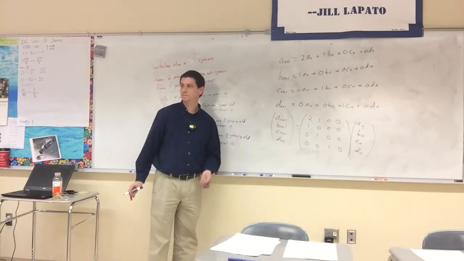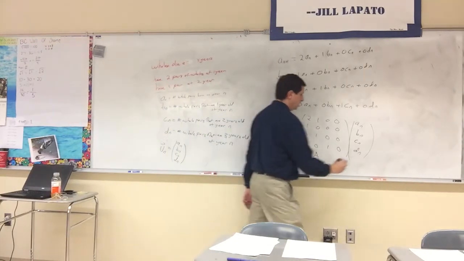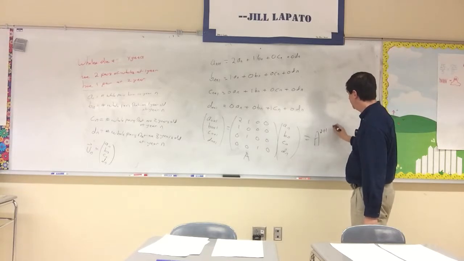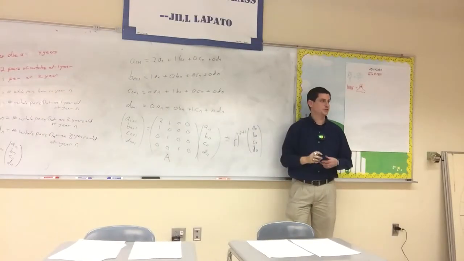And we can keep playing the same game. So if we call this matrix A, then we would get an plus 1, and then just the initial populations, A0, B0, C0, D0. So this is now a system of difference equations.